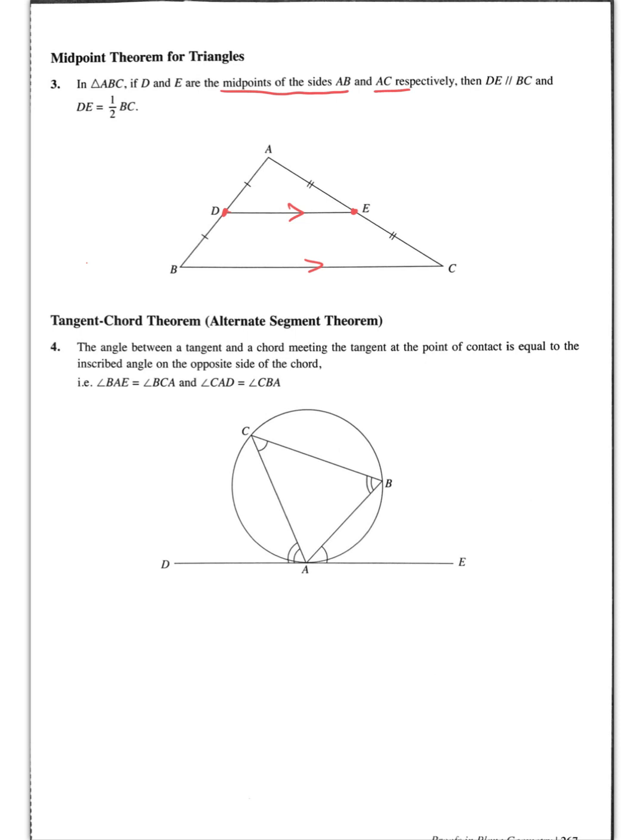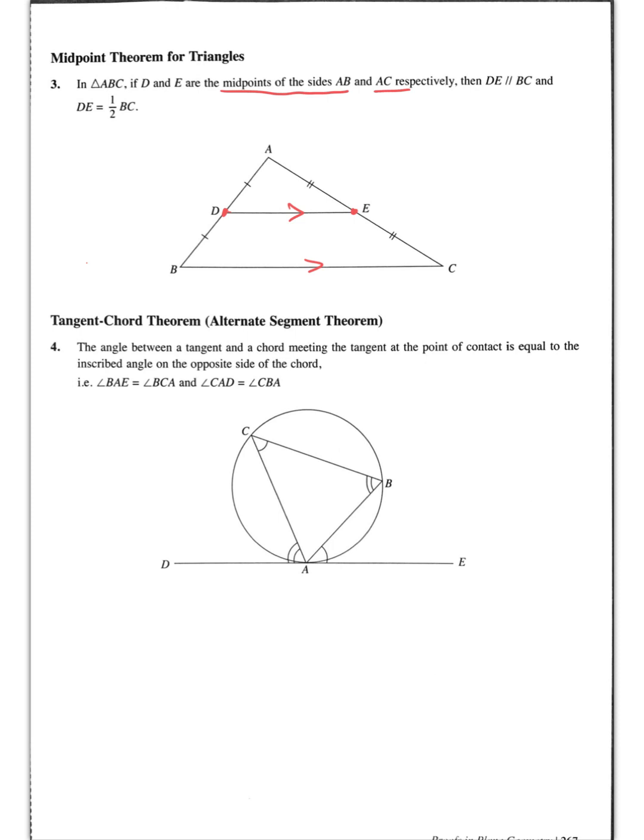By the converse of the midpoint theorem, if BC is parallel to DE and BC is twice the length of DE, then you can conclude that D and E are midpoints of AB and AC. So that's the converse. For the midpoint theorem, it starts off with telling you that D and E are midpoints. Then you can conclude parallel lines and the length of the two sides.